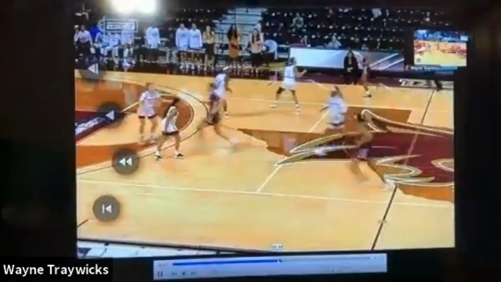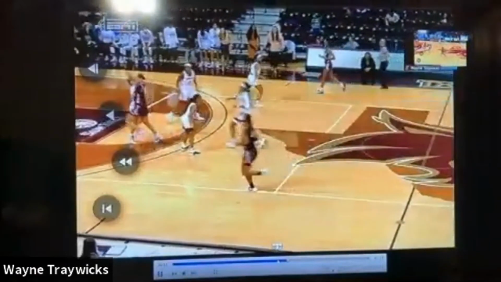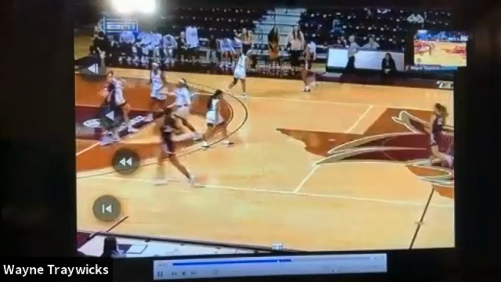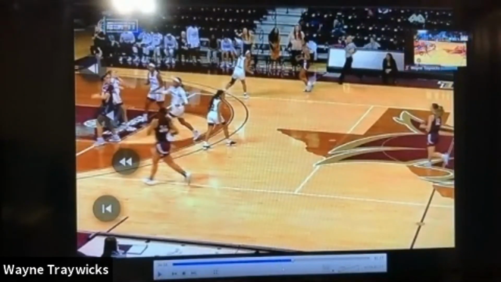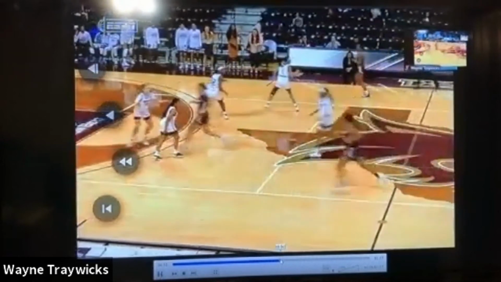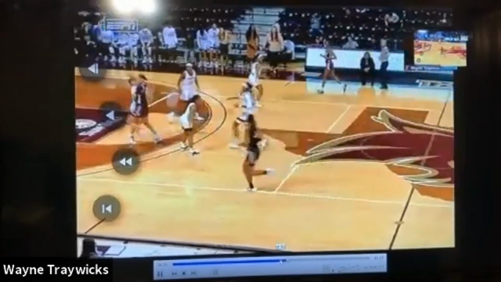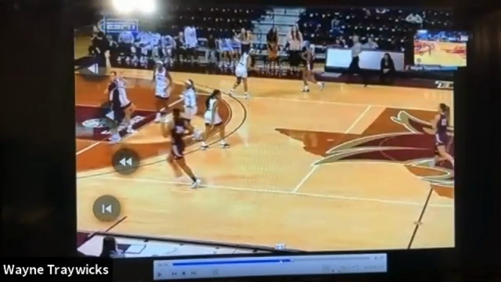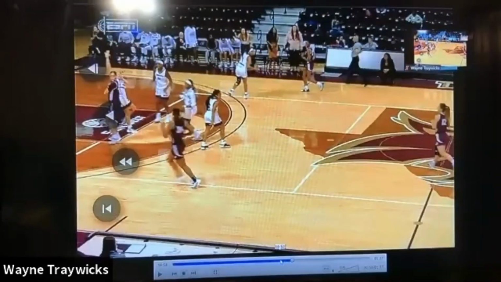I think the other thing too is, I understand the call. The thing that I'm looking at in this play is fundamentals. When you go from trail to lead, find your last defender, the defender that can hurt you the most. It seems like no one's watching this.